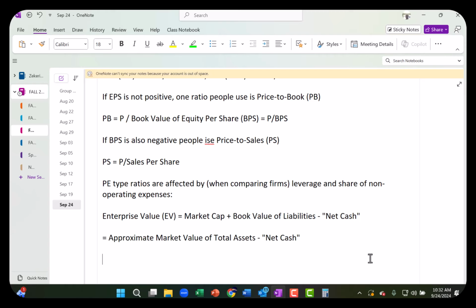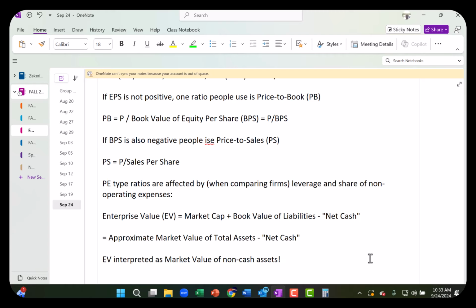When I look at the market value, you can think of EV as value of non-cash assets, in a sense.